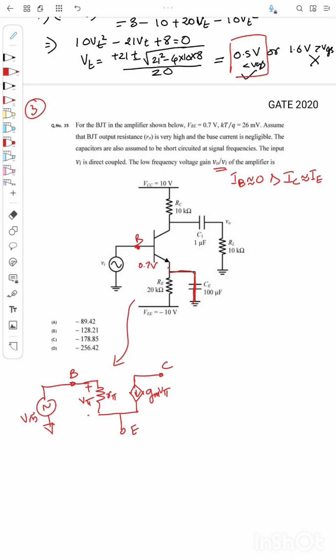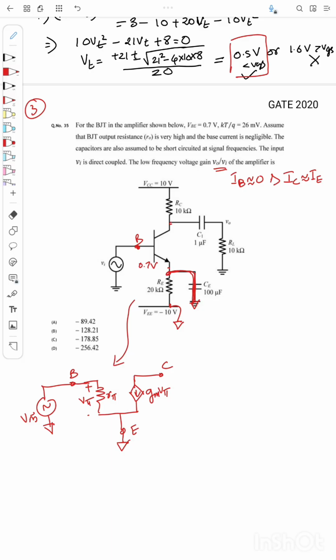So actually the equivalent across this node will now be 0. So I can connect this emitter to the ground itself, because the capacitance is short circuited to ground, and in the small signal equivalent this is connected to ground. So effectively the voltage across this node will be ground.